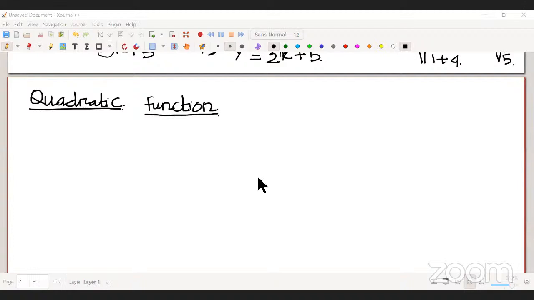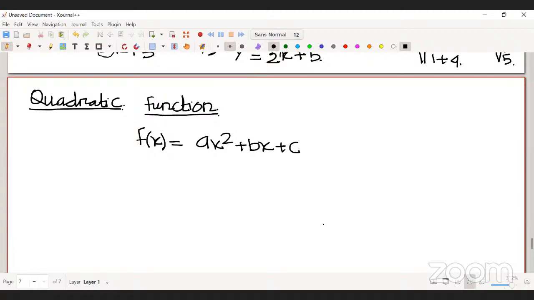First thing is a quadratic function is something of this form: ax square plus bx plus c, and there is one more condition. What is that condition?